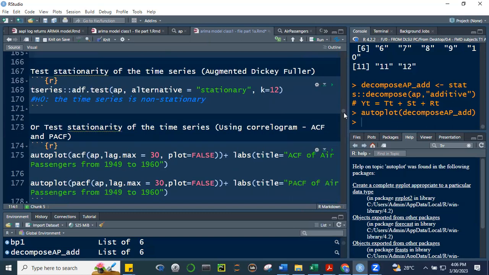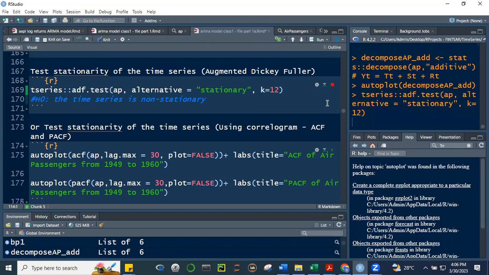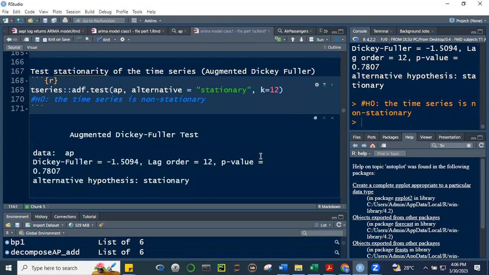So, just this last one, ito matetest natin class kung yung AP natin, using the tseries package, we can test using the augmented Dickey-Fuller test. Run lang natin to quickly. Okay, and then this will tell us, okay, hypothesis niya, the series is not stationary.